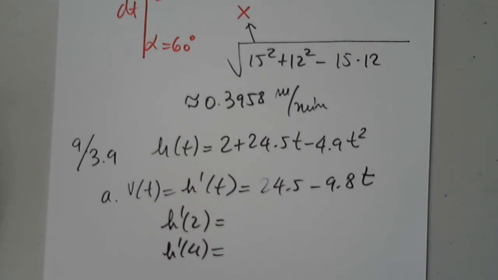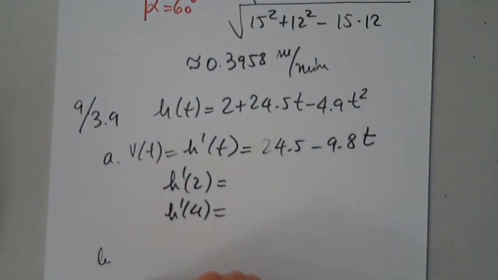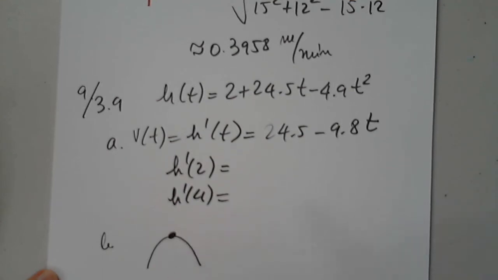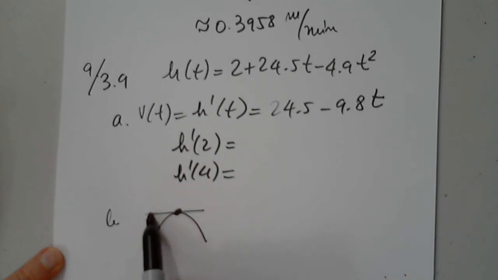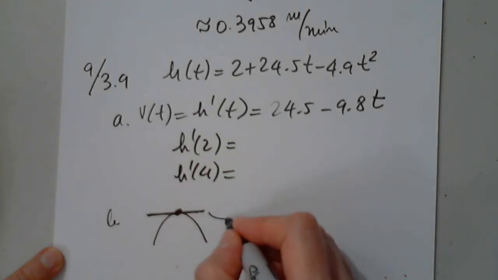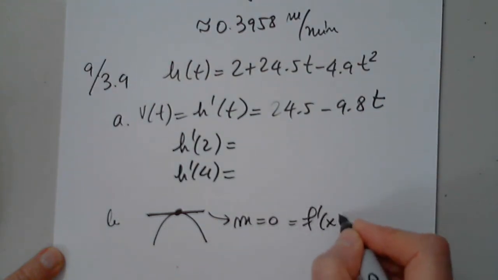Okay, we'll find that with the calculator in a minute. When does the projectile reach its maximum height? So we know that this is a quadratic function and it has a maximum. When will it reach the maximum? When the derivative is how much at that point? 0. Yes. Or f prime is 0.